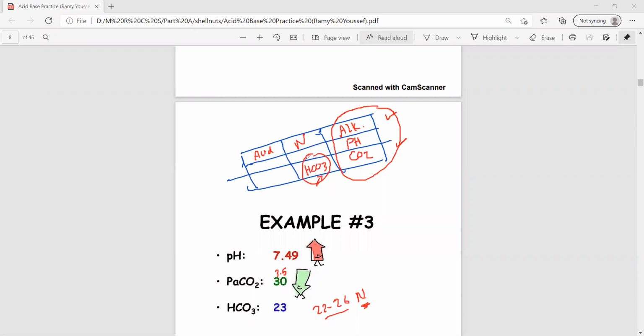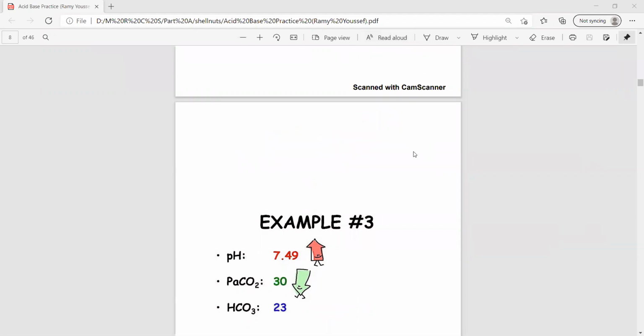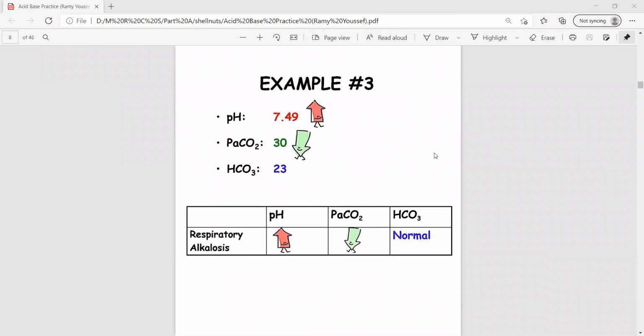If I found the bicarbonate in the other arm, there is compensation, but if I found it normal, there is no compensation. So this is respiratory alkalosis. It is uncompensated, but he doesn't want you to know anything about compensation.